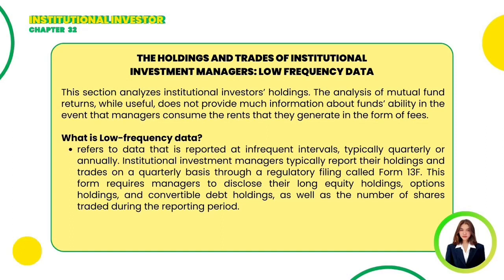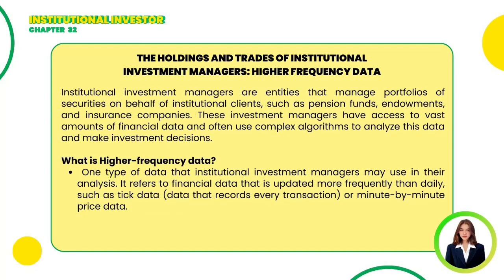Finally, there is a lag between the end of a reporting period and when the data is released, which can be several weeks. But despite these limitations, the holdings and trade data reported by institutional investment managers on Form 13F can still provide valuable insight into the behavior of institutional investors and their impact on the market.